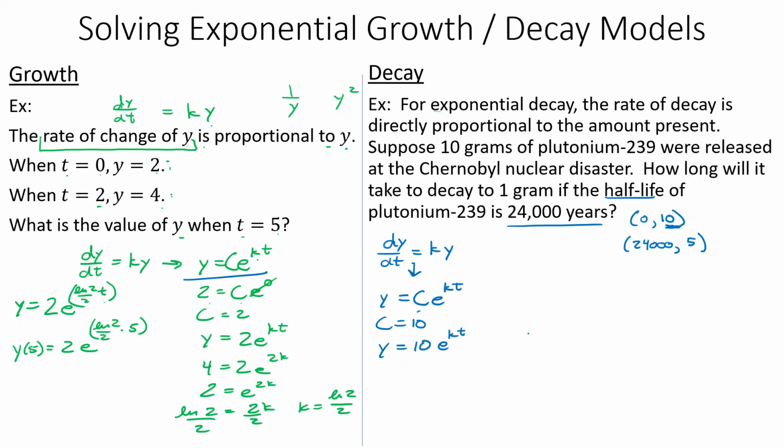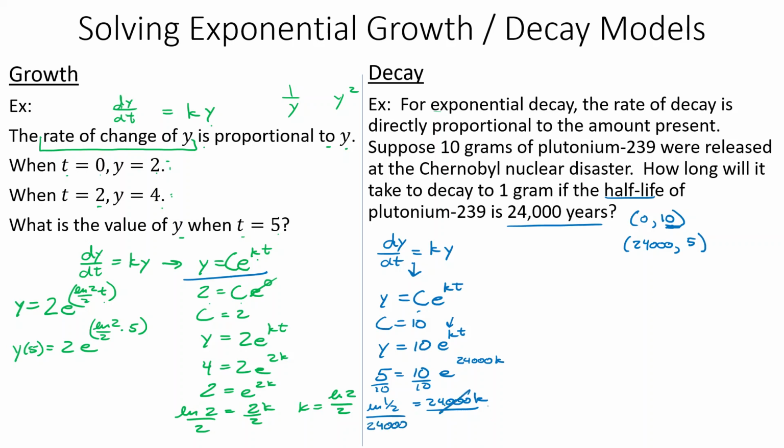We use the other point to find k, which, since it's decreasing, should end up being negative, but we can just leave it as k. So we get that 5 grams equals 10e to the 24,000k. So we divide by 10 and get 1/2. We take the ln of both sides, like that, and then we divide off the 24,000.